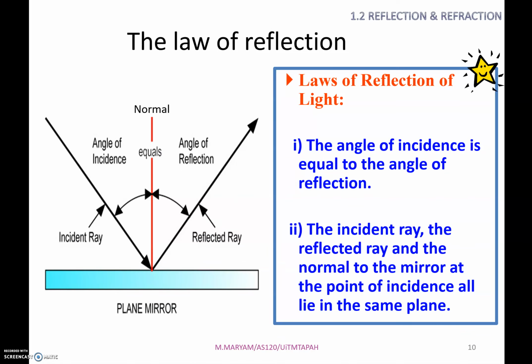The law of reflection also states that the incident ray, the reflected ray, and the normal to the mirror at the point of incidence all lie on the same plane. What does it mean by this? First of all, we have to have a plane surface or a plane mirror, because the surface has to be smooth.